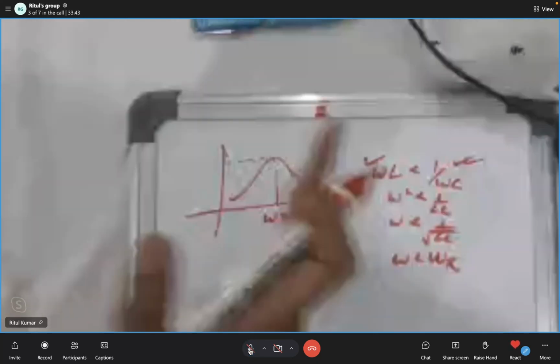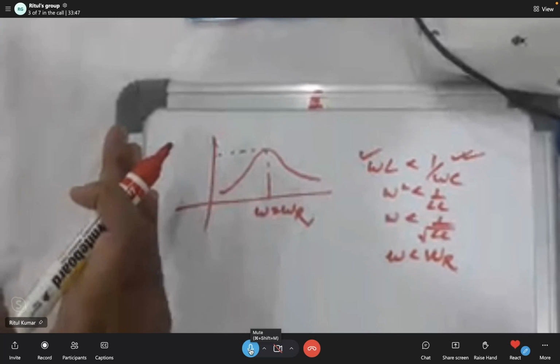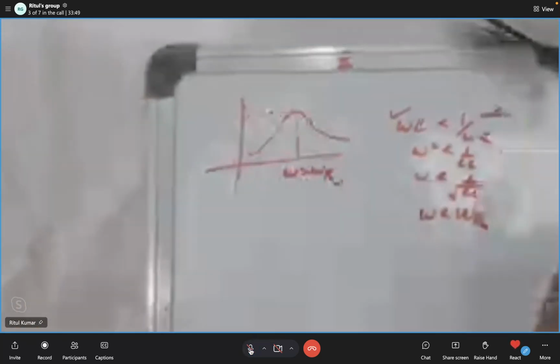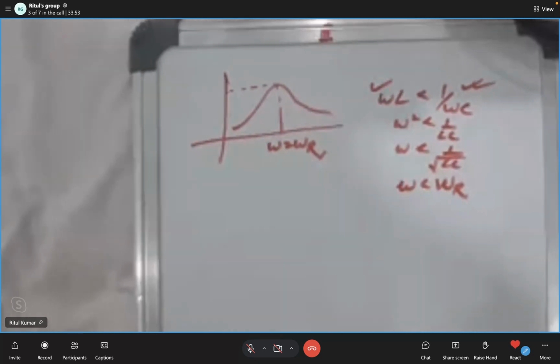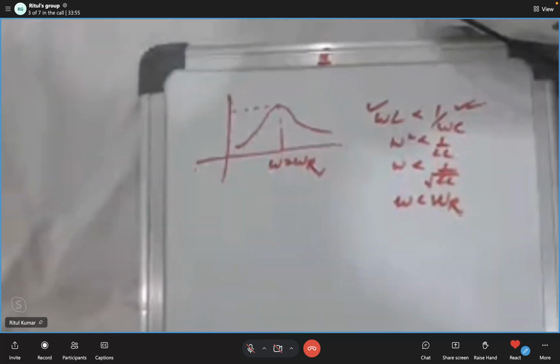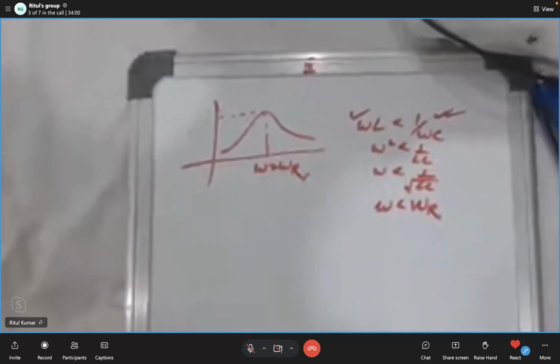That means to the left of the peak it will be capacitive, correct? And to the right of the peak, it is inductive in nature. Clear?